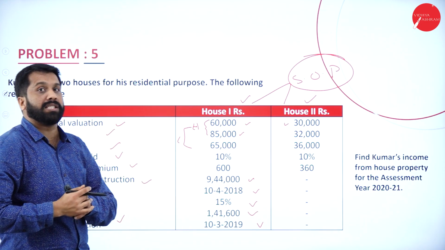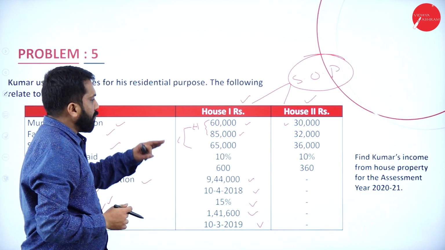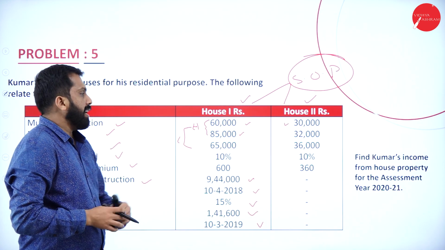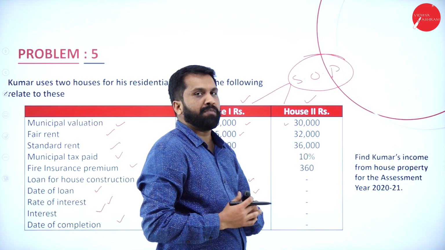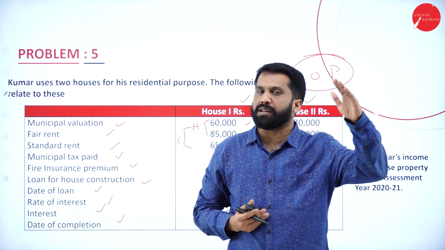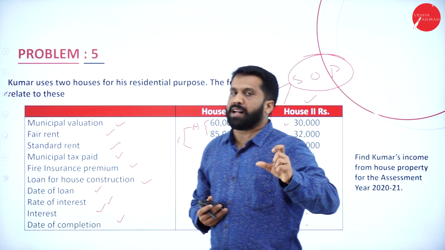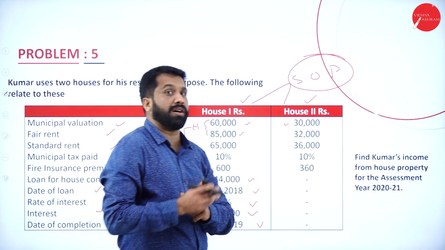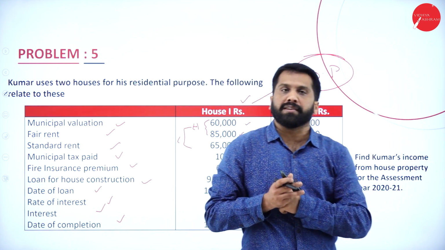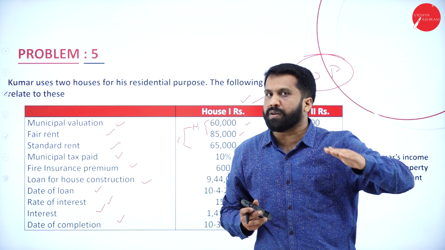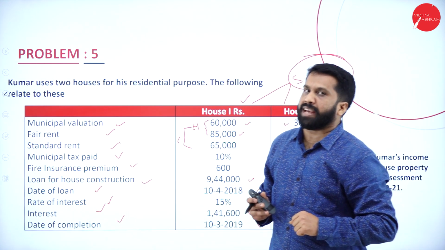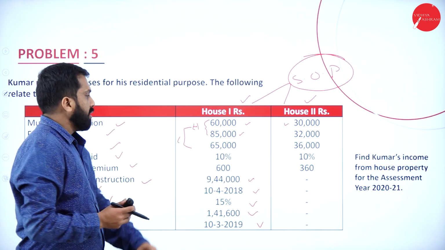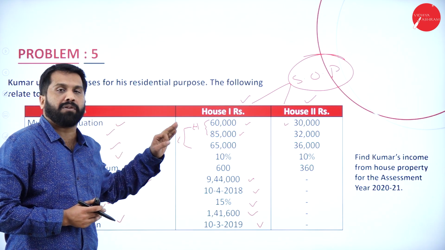If it is self-occupied property, then normally your municipal value and fair rent, whichever is higher, whatever answer you got, compare with standard rent, whichever is less, then compare your answer with your actual rent received, whichever is higher. Higher, lower, and again higher. This kind of calculation we will not work out in case it is self-occupied.